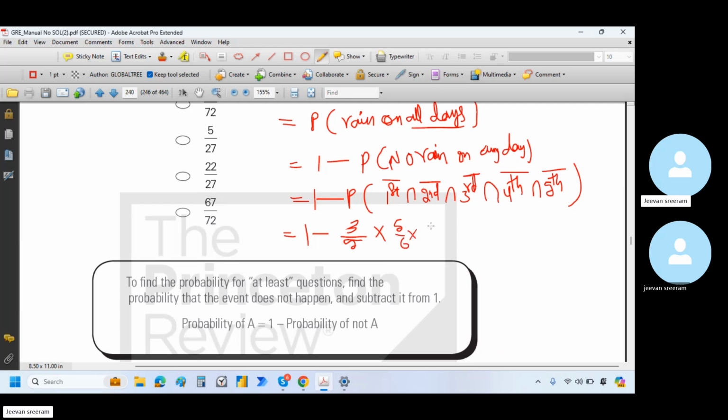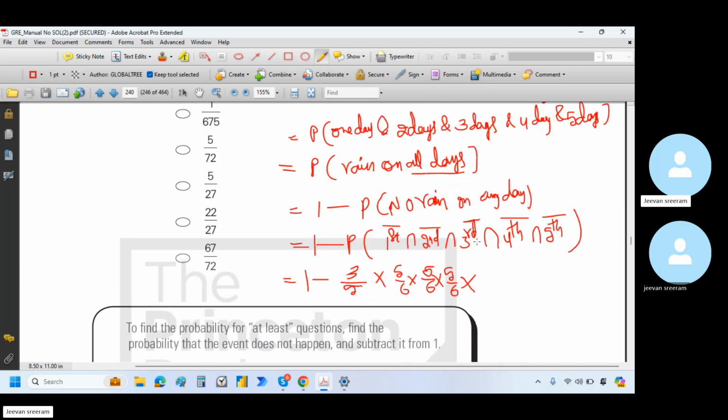So 5/6, 5/6, 5/6. No rain on fifth day, that's 1/5. If you simplify, 5 got cancelled, 3 ones are 3, twos are 5.